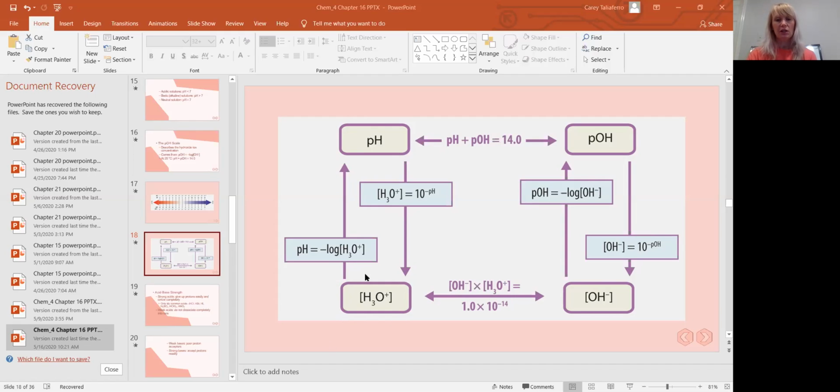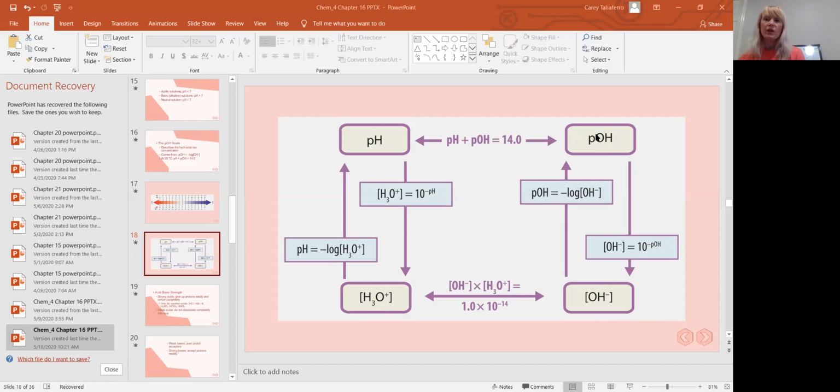You can pick any yellow box here that's outlined in purple, the tan or the yellow. If you start with the hydroxide ion concentration and you want to find the pOH, you follow this arrow. You just take the negative log of whatever this concentration is, and that will give you the pOH.